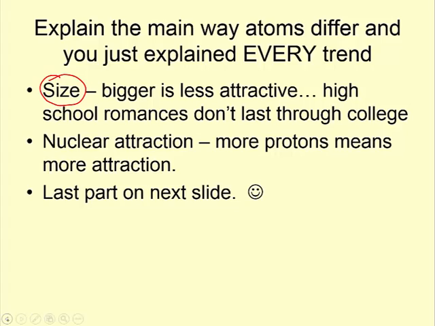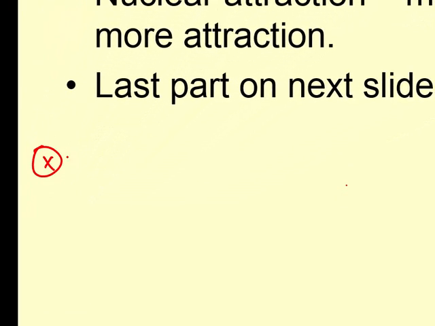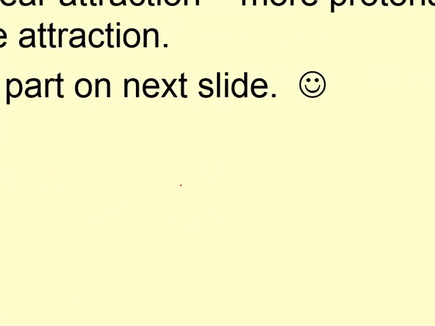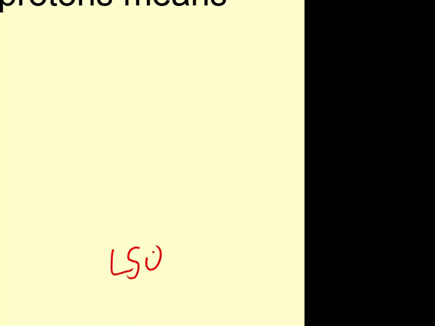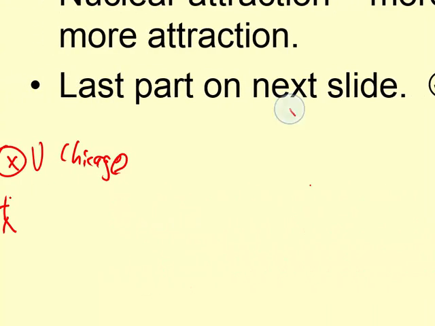If you go to school over here, let's say you go to the wonderful University of Chicago, because we know that's close, and your little Snookums decides to go to LSU, go Tigers. Notice that's very far away. If they're very far away, what happens is your little Snookums will find other people that are probably just as attractive as you, but a little bit better because they're closer, right?